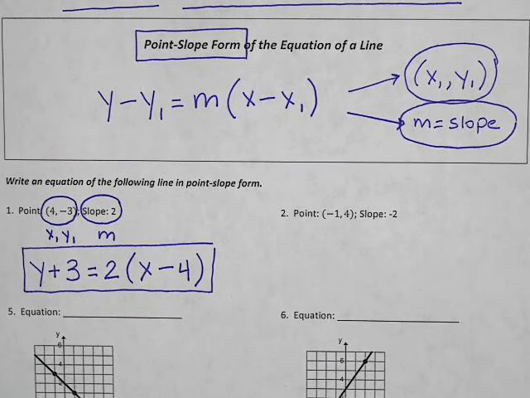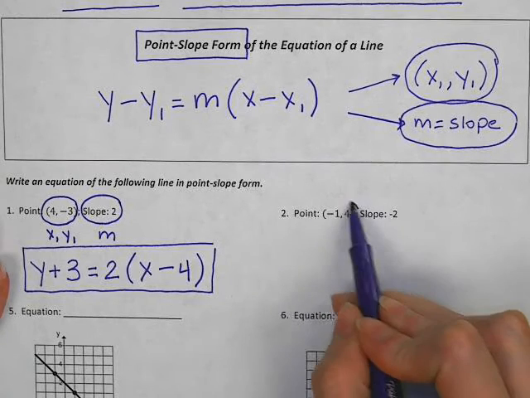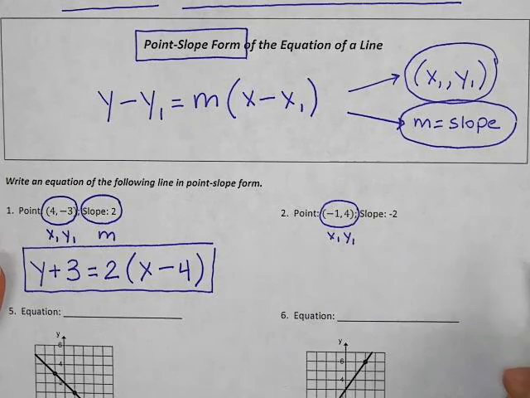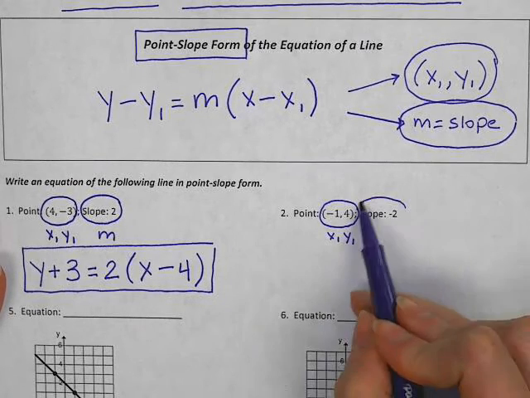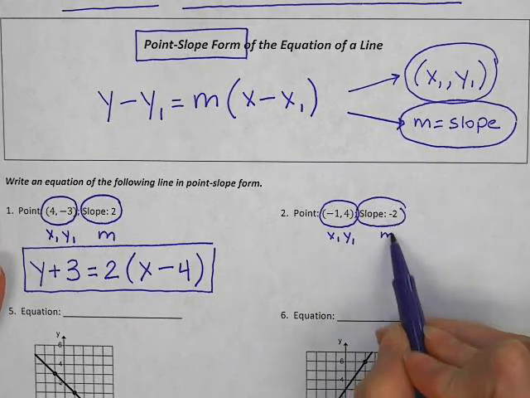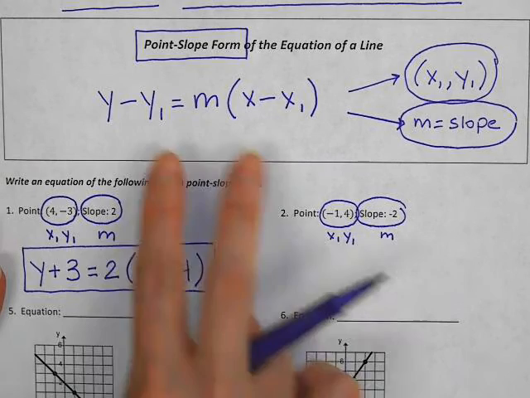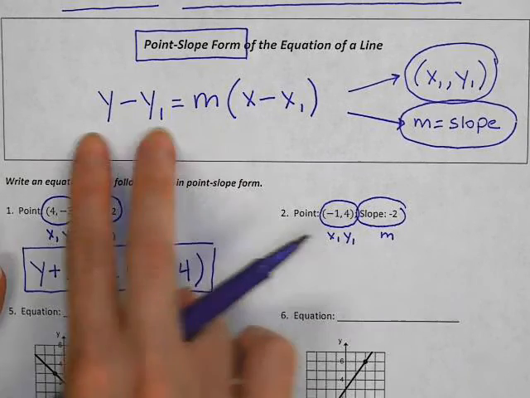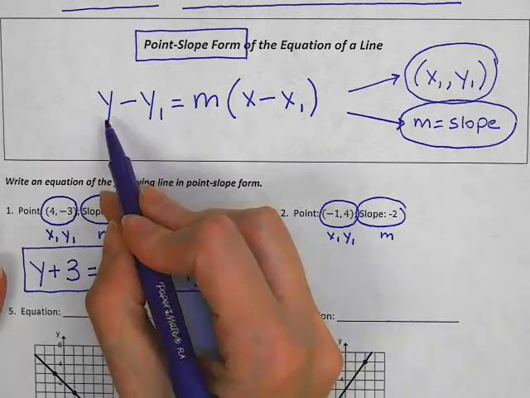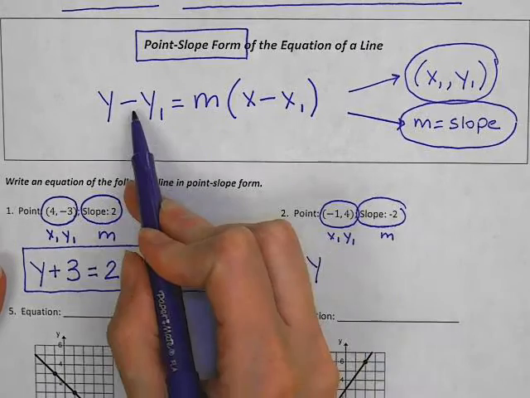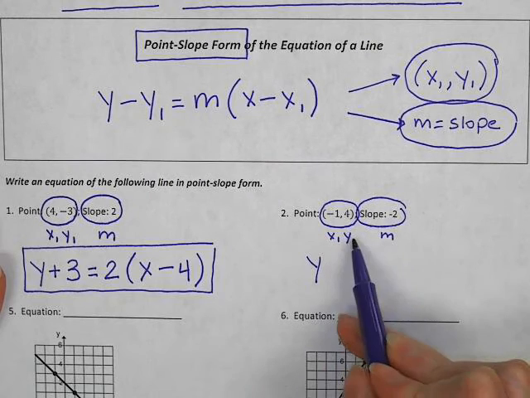All right, let's try 2. Same thing. They give you a point, so that's going to be the x1, y1, and they give you the slope, and that's going to be the m. Again, if you guys ever want to pause and try it first, that's a great idea. So we're going to plug these in into their spot in the problem. So normal y stays y. Minus y1, so minus 4.